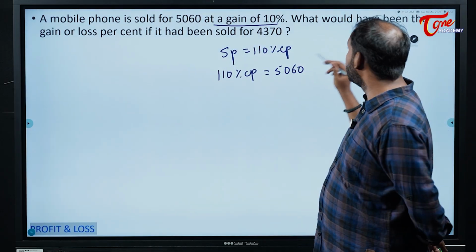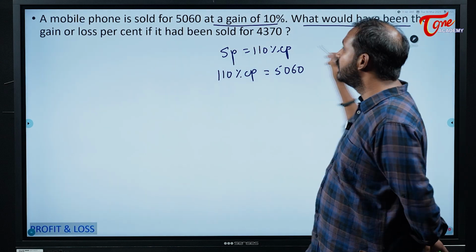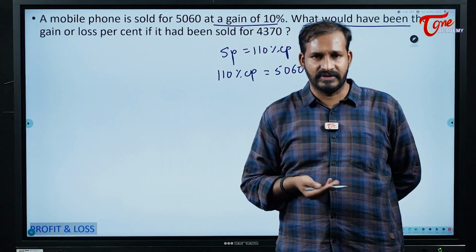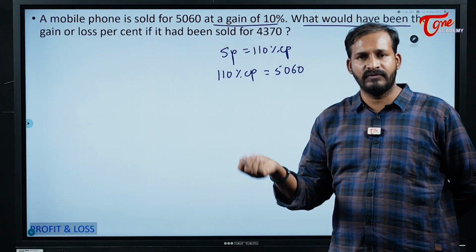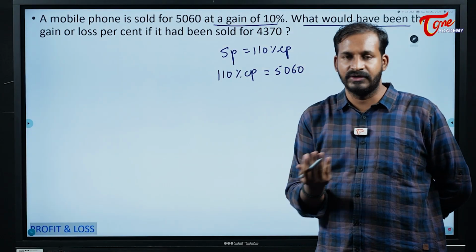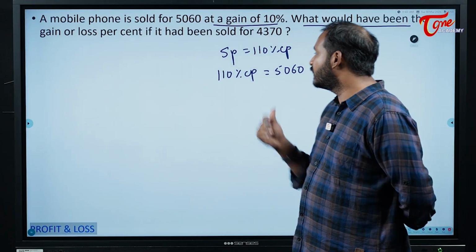Good. And what they are asking is what would have been the gain or loss percent if it had been sold for 4370. That means if the same product was sold for 4370, what is the profit or loss percentage? We don't know whether we get profit or loss. Now we will identify it.